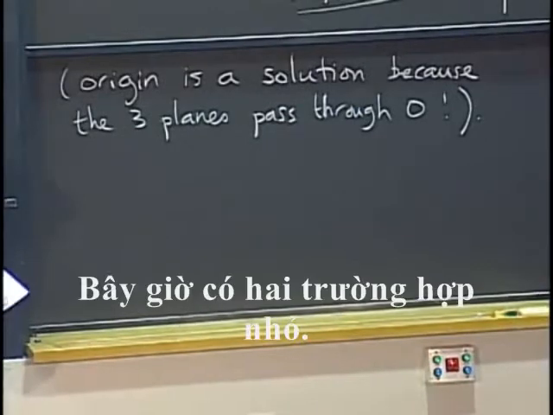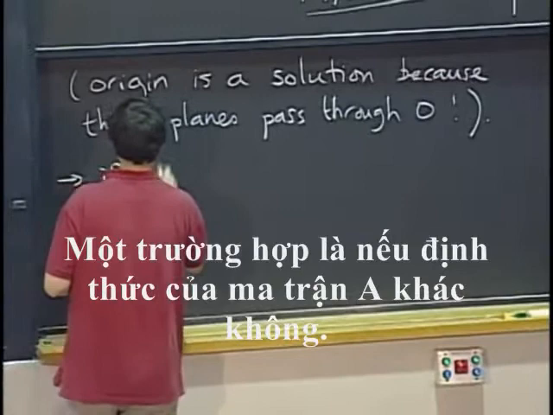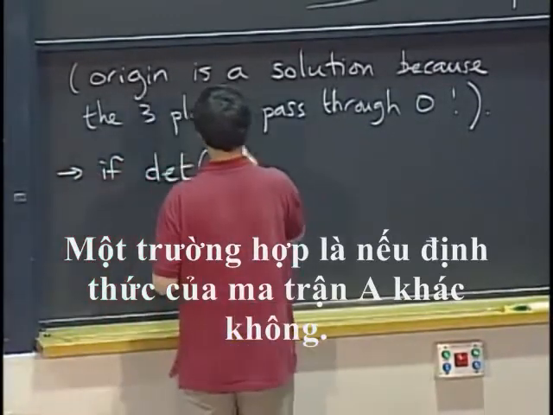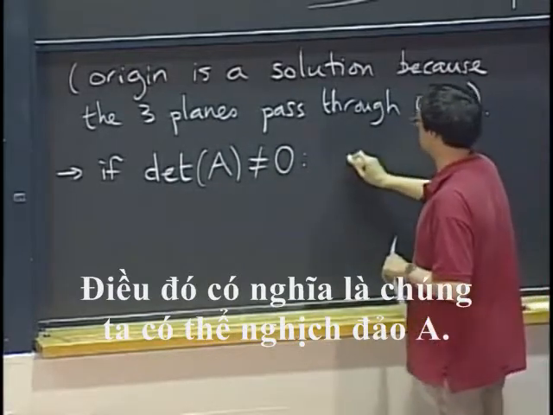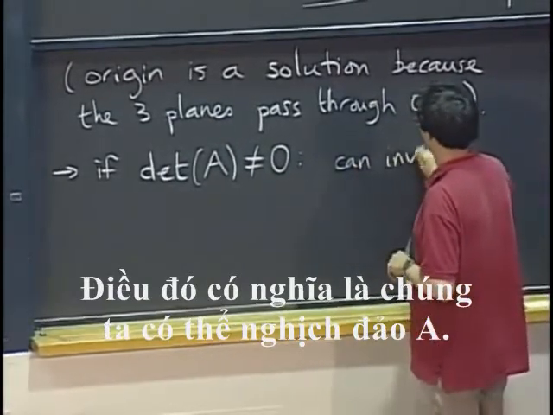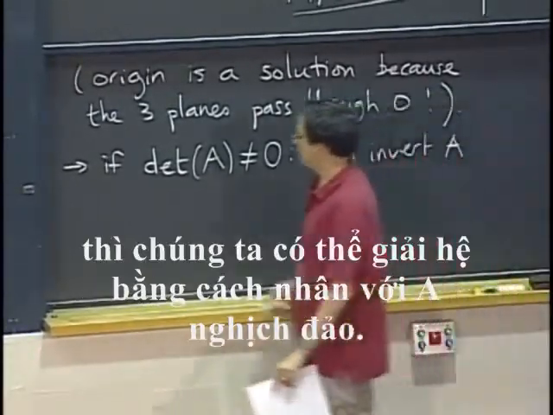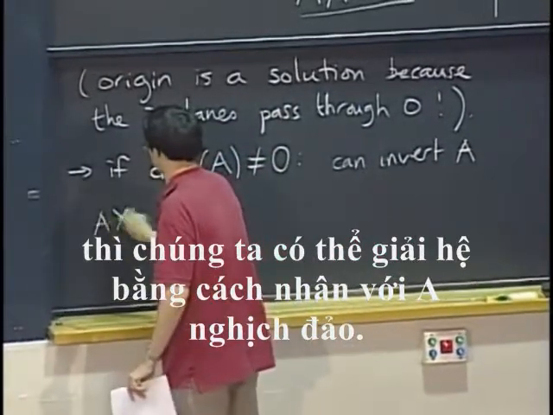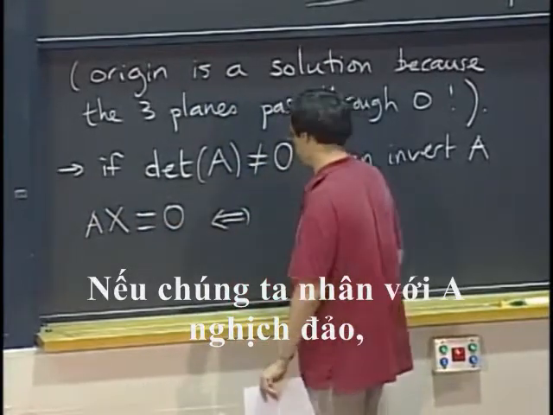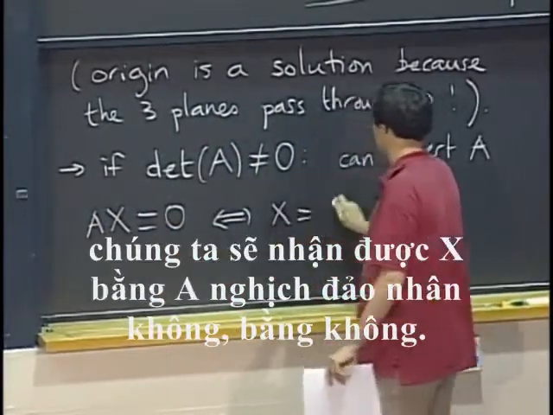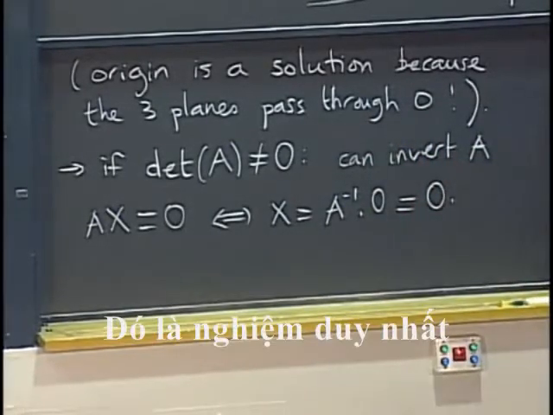Now there are two subcases. One case is if the determinant of the matrix A is non-zero. That means we can invert A. If we can invert A, then we can solve the system by multiplying by A inverse. We'll get x equals A inverse times 0, which is 0. And that's the only solution.